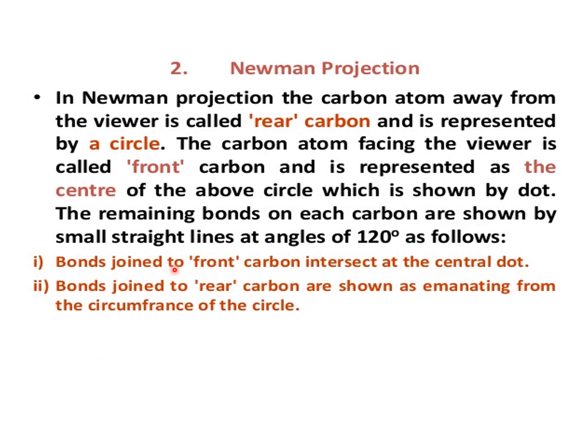Bonds joined to the front carbon intersect at the central dot, whereas bonds joined to the rear carbon are shown as emanating from the circumference of the circle. If you compare the front carbon bonded groups with the rear carbon bonded groups, the rear carbon bonded groups should be shown by shorter lines when compared to the front carbon. Let us see.